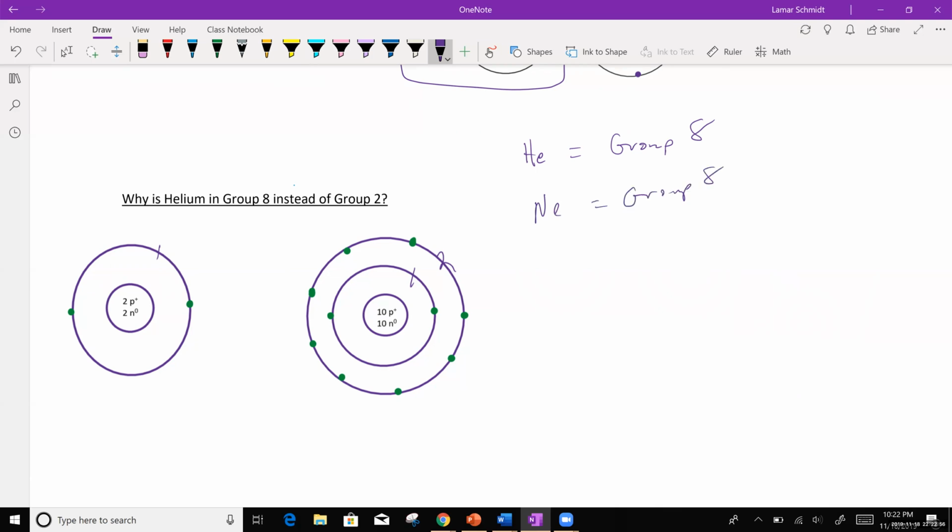But if you look at neon, we see that it has 8 valence electrons, and helium has 2 valence electrons. So why are they in the same group? The answer lies in the electron configuration. Helium's electron configuration is 1s2, and neon is 1s2, 2s2, 2p6.